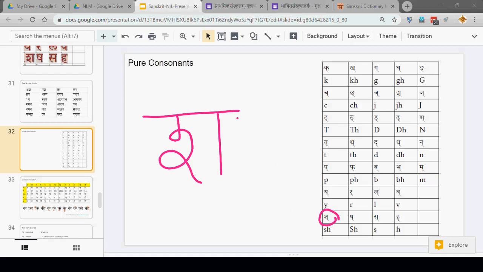And now to make it sha, I add a vertical line after that, one more vertical line. To make she, this is the base sha letter, there is a vertical line before that, and then the loop starting from the top, ending at the second vertical line.